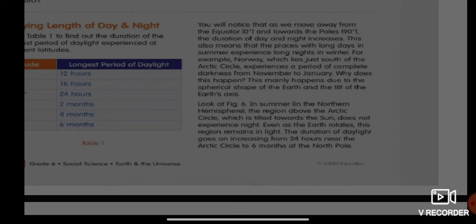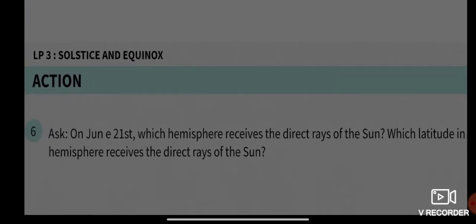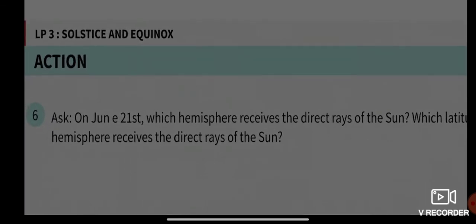So this is actually 21st June. On 21st June, which hemisphere received the direct rays of the sun? Which latitude in this hemisphere received the direct rays of the sun?